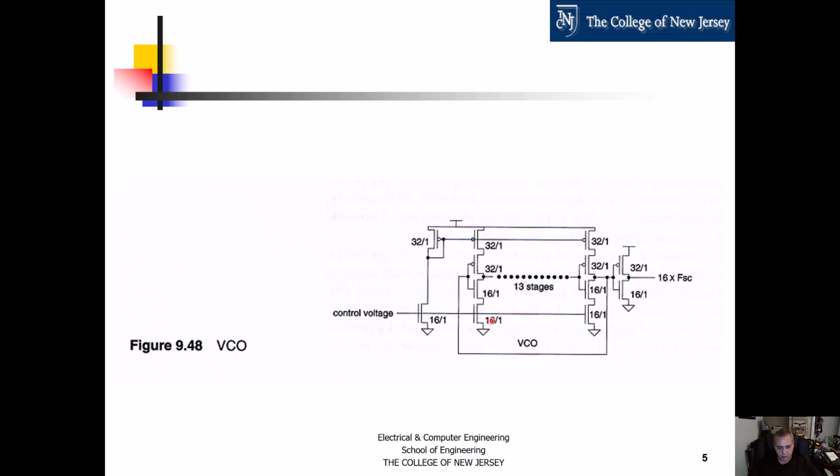So we drop less voltage, and then the effective supply voltage that the inverter sees is much higher. And when that supply voltage is higher, then the delay will be lower, making the frequency of the oscillator higher.